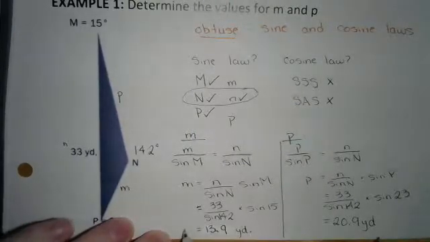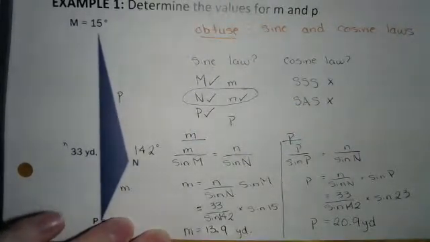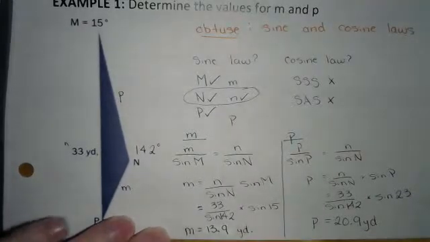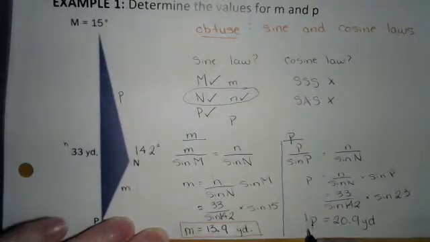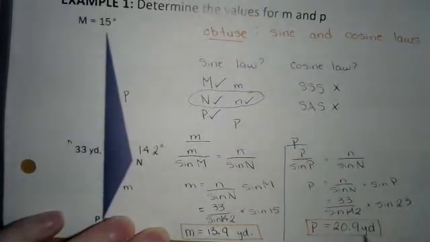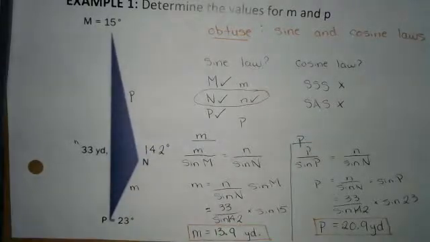You could write therefore M equals 13.9 yards and P equals 20.9 yards. Or you could just do that to indicate your final answer. So that's a quick example showing you how to work through solving problems like this.